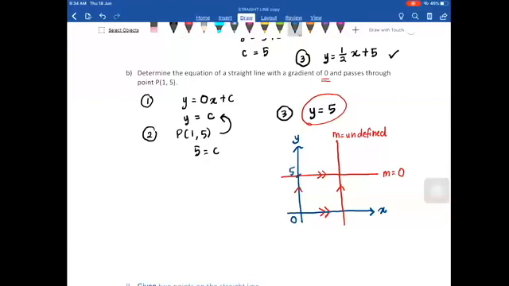Okay. So dia akan jadi macam tu. So if you have a gradient which is undefined, so kamu punya equation will become x equal to one number lah.